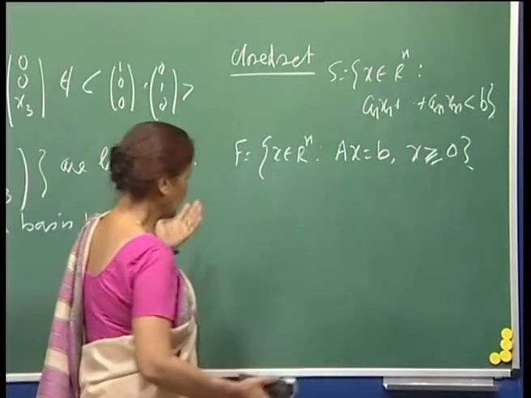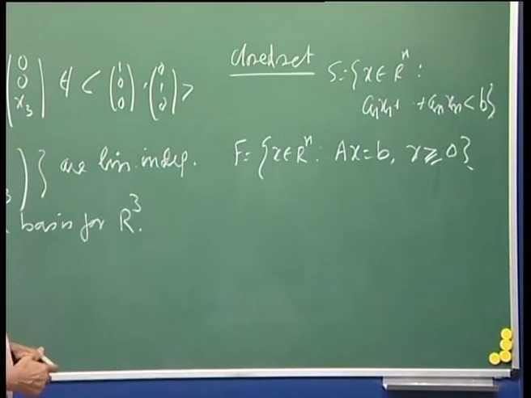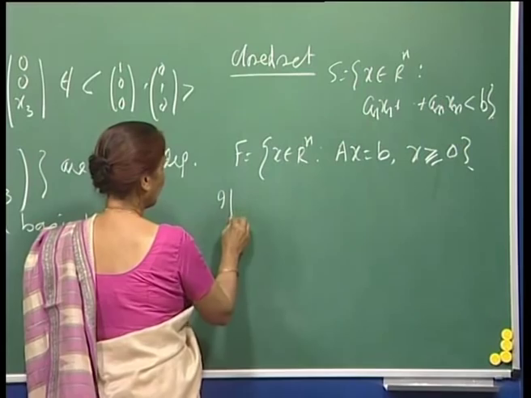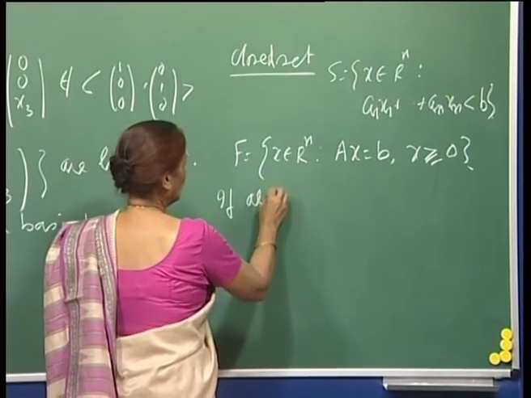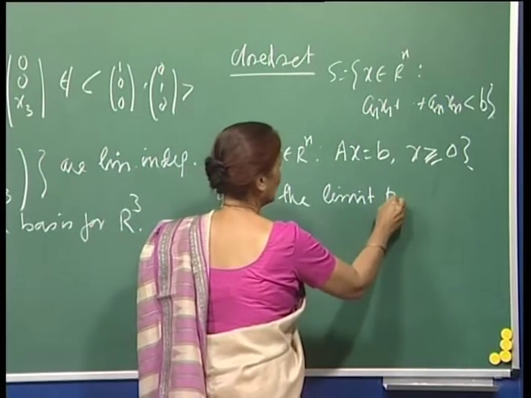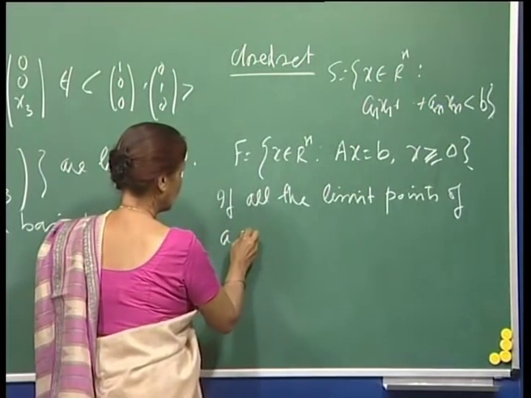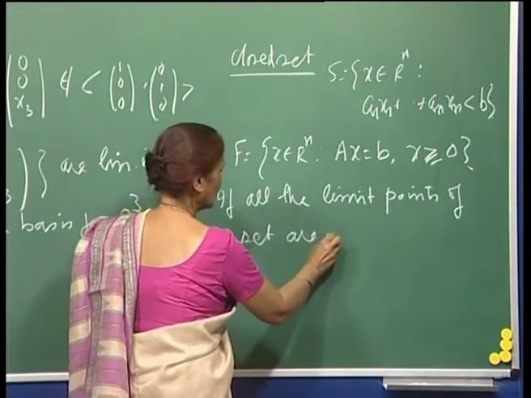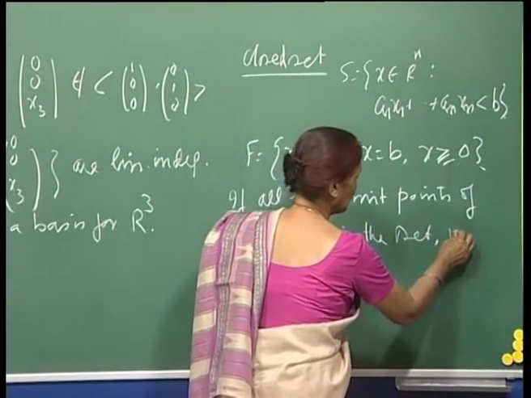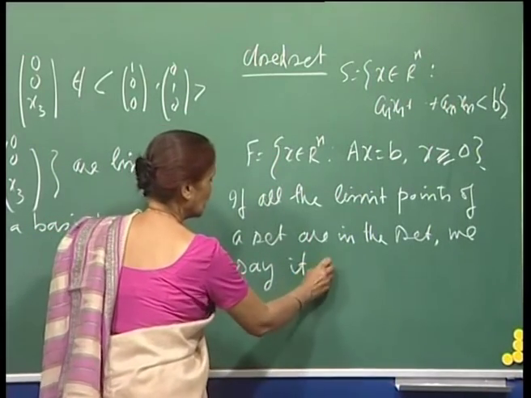I have not written down a rigorous definition for a closed set, but we can say the definition of a closed set would be: if all the limit points of a set are in the set, we say it is a closed set.